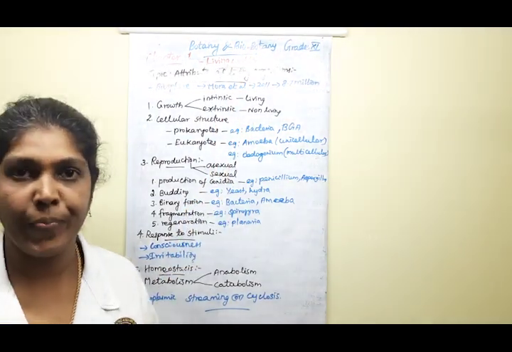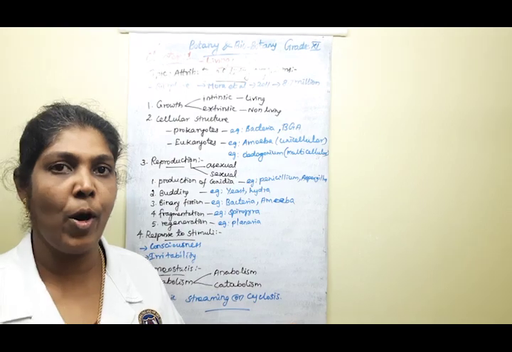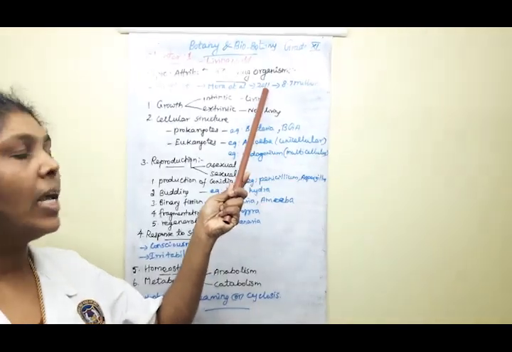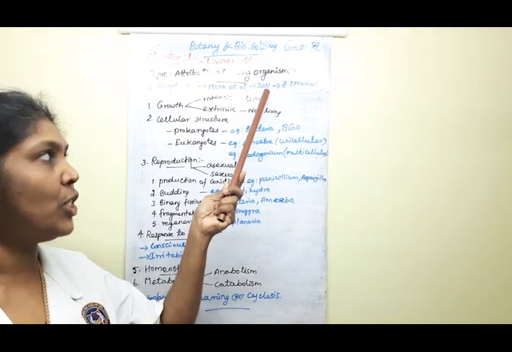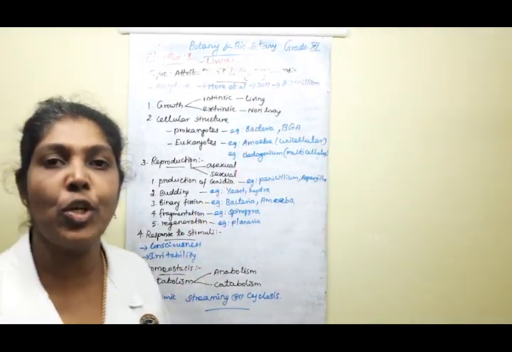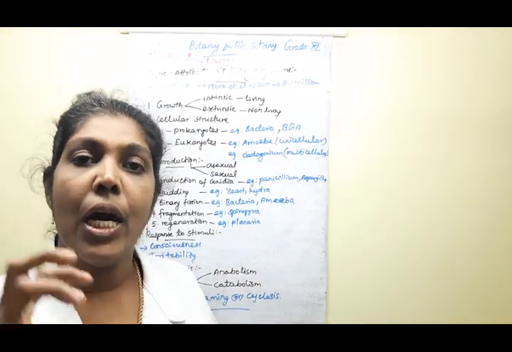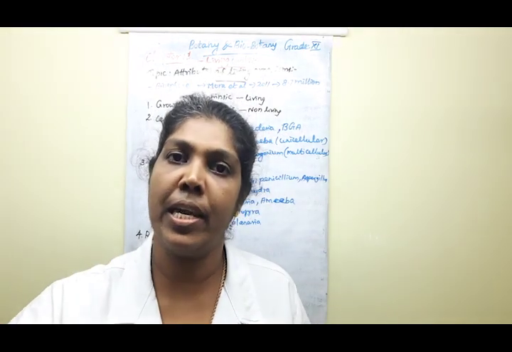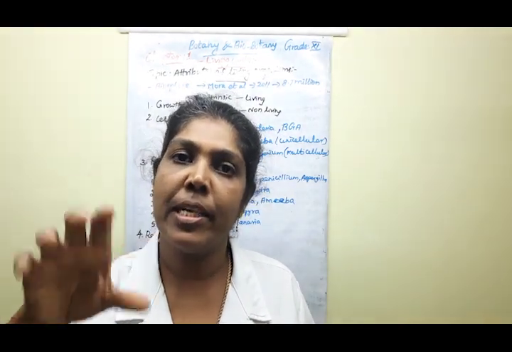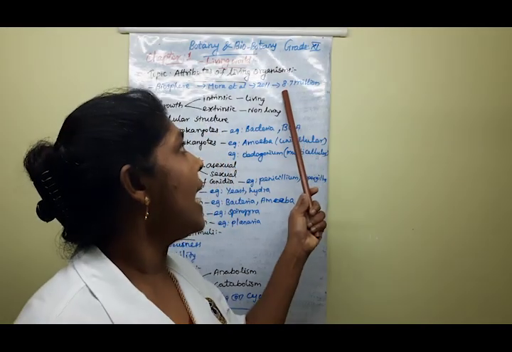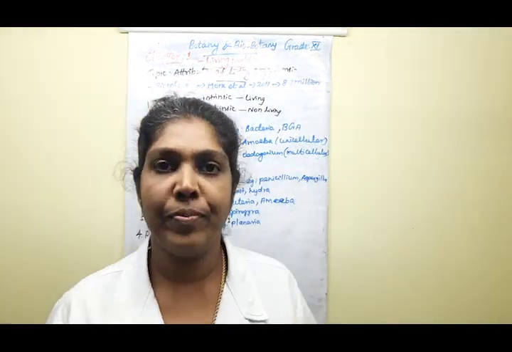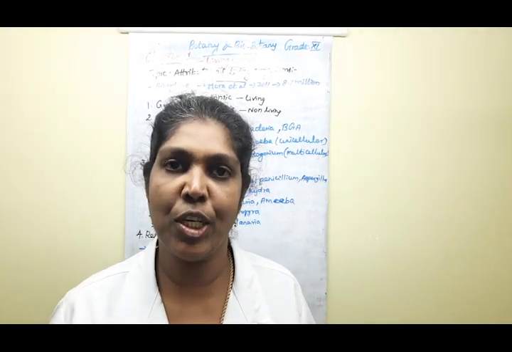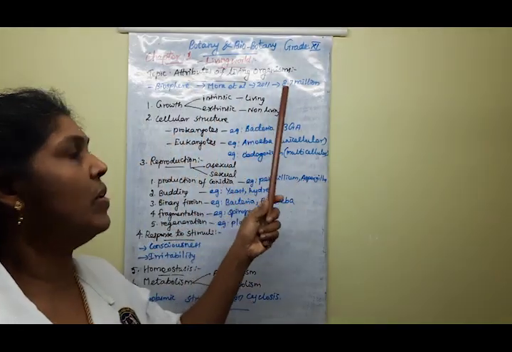Mora et al., that team, discovered the species estimation in the year 2011. Clear? How many species are present on the earth? They estimated that the number is 8.7 million. How much? 8.7 million. Understood? These are some one-word answers.